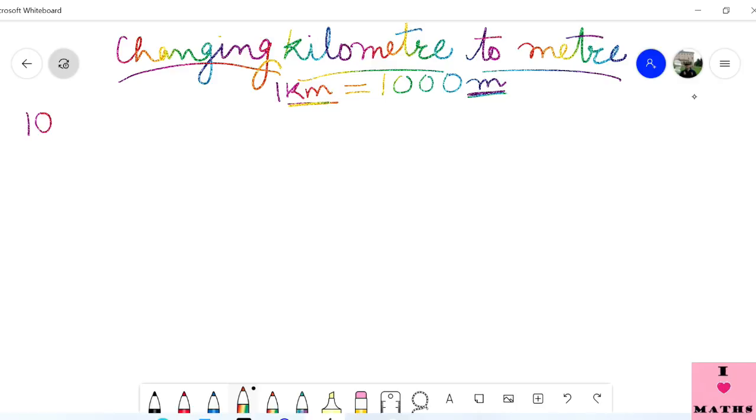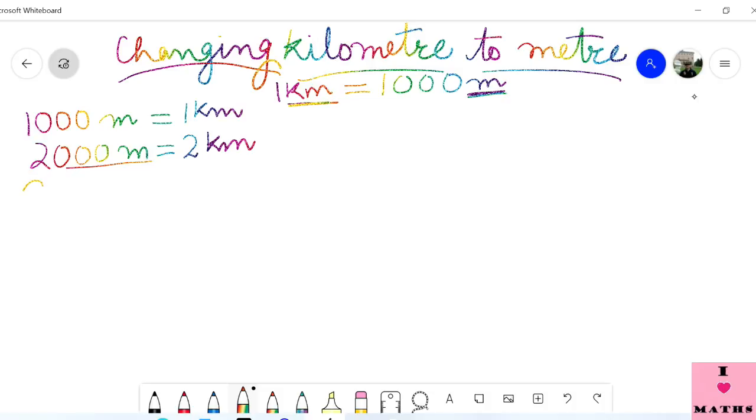Okay, so 1000 meters will make 1 kilometer. Now 2000 meters will make 2 kilometers. Very obvious. Because in 2 kilometers there are 1000 plus 1000. So 2000 meters. Okay.